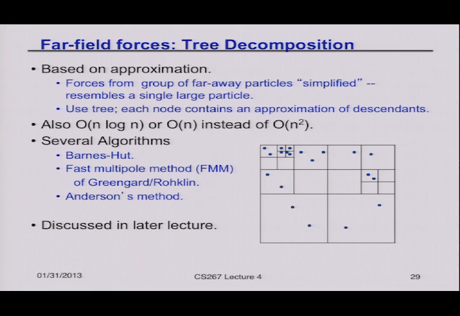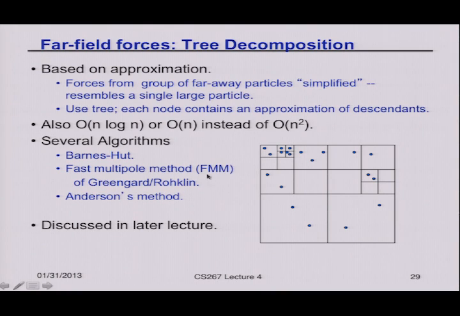I can approximate that bright dot of the Andromeda Galaxy by its center of mass approximation. I don't need to have sums for every star in the Andromeda Galaxy. And conversely, the Milky Way looks like a dot when you're in the Andromeda Galaxy. And so by using that approximation recursively, and inside the Andromeda Galaxy you do the same thing, then the algorithms go from n squared to n log n.